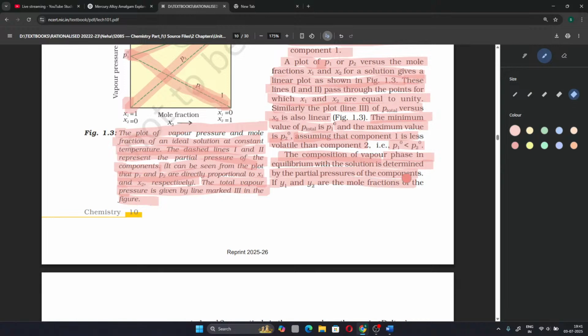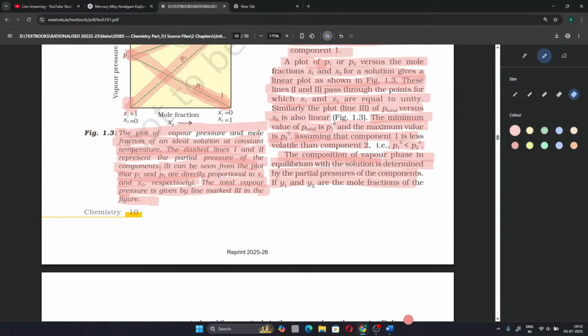If y1 and y2 are the mole fractions, the composition of vapor phase in equilibrium with the solution, composition meaning how much amount of vapor is in equilibrium with the solution. The higher the partial pressure, the higher the vapor phase, because the vapor phase is what causes the partial pressure.